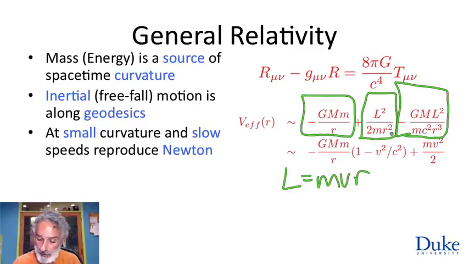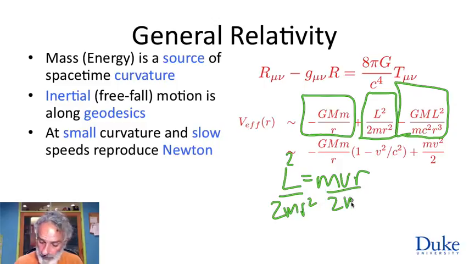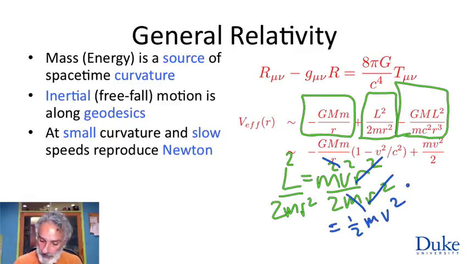For example, L squared over 2mr squared becomes, let's write it out so you don't accuse me of cheating, L squared is m squared v squared r squared over 2mr squared, and now I do all my handy-dandy cancellations. The r squareds cancel, one of the m's cancels, and this is a half mv squared. So this term, in the case of circular orbits, is a fancy way of saying kinetic energy.